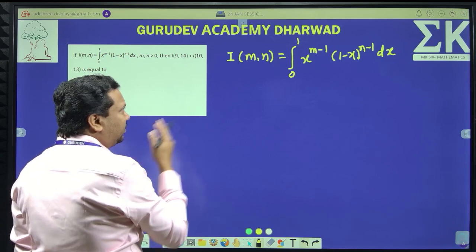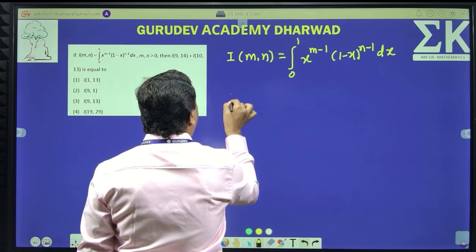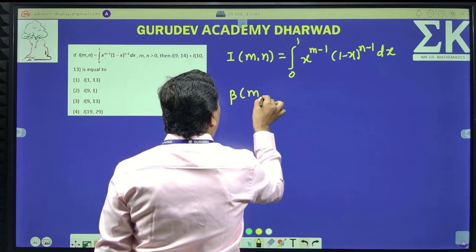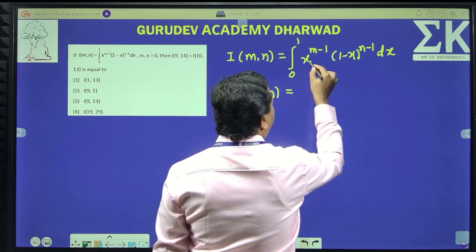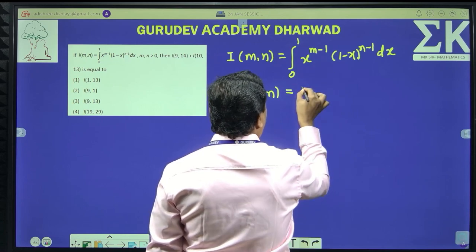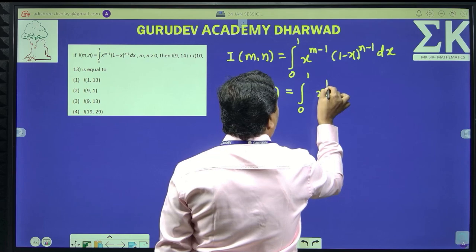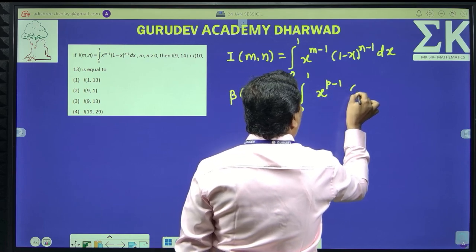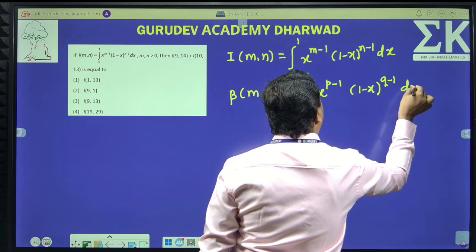Okay, so it absolutely follows a standard identity. Please do remember the beta function, which has the integral from 0 to 1 of x to the power p minus 1, 1 minus x to the power q minus 1, dx.